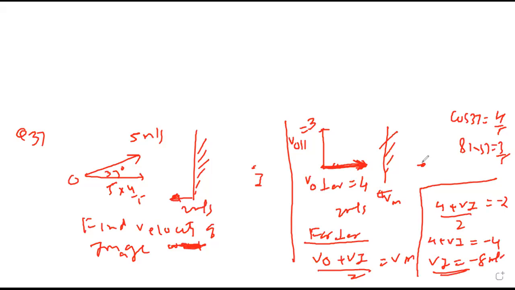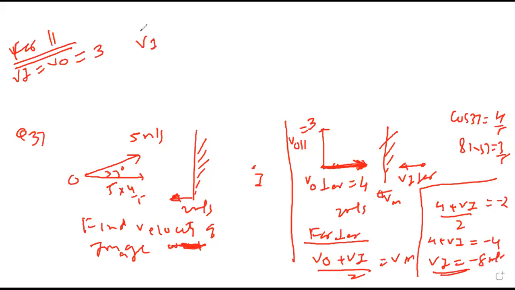That means this image is going in this direction with -8 perpendicular. Now for parallel, let us see what we get. For parallel, V image is always V object, which is nothing but 3.